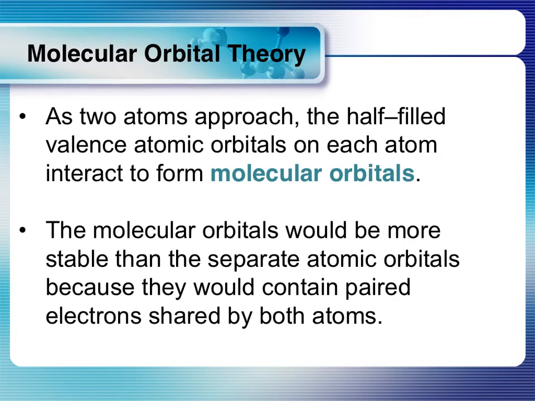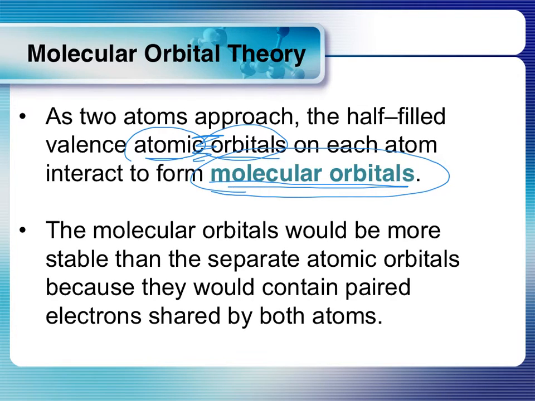All right, so I'm going to give just a one-slide introduction to each of the two theories, and then I'll go more in depth. Molecular orbital theory says that two atoms that are going to bond start out with their individual atomic orbitals, and when those atomic orbitals on each of the bonding atoms mix or combine, they make new orbitals called molecular orbitals.